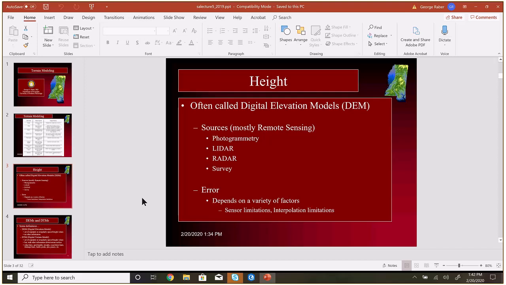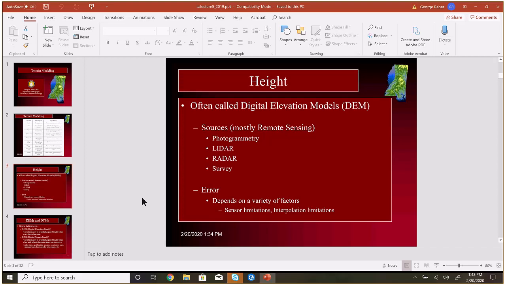Up to that point, we had some data, particularly in the United States. We had patched together a nationwide 30-meter and even 10-meter data set based on photogrammetry, the first one.